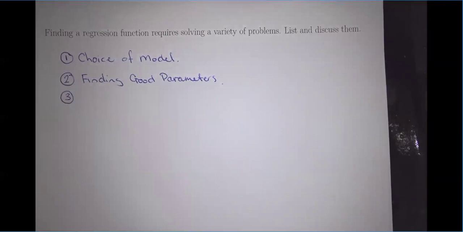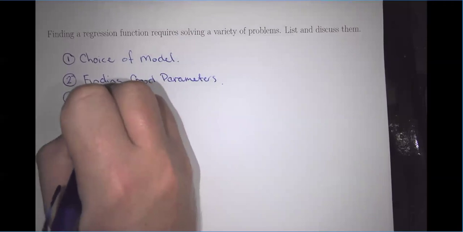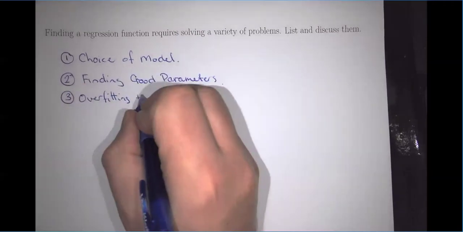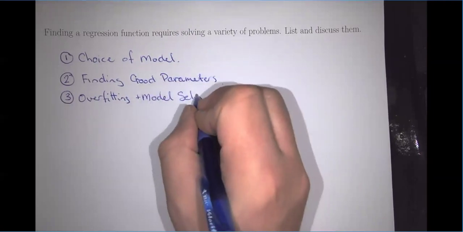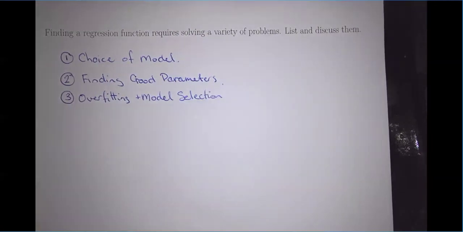The third thing that we want to deal with, or that we want to note, is overfitting and model selection. Overfitting happens when a model learns noise or random fluctuations in the training data rather than the underlying trend.